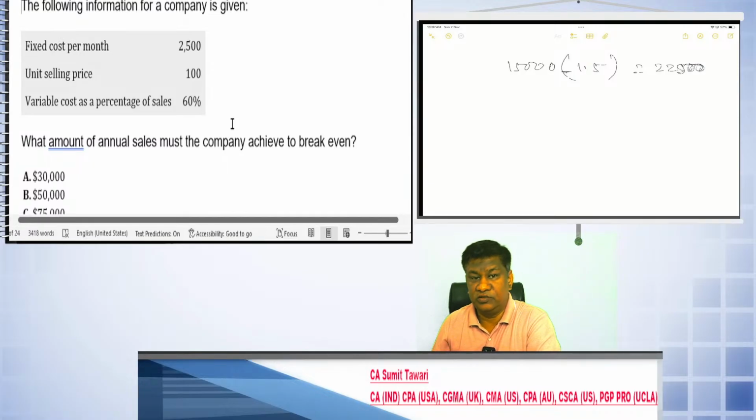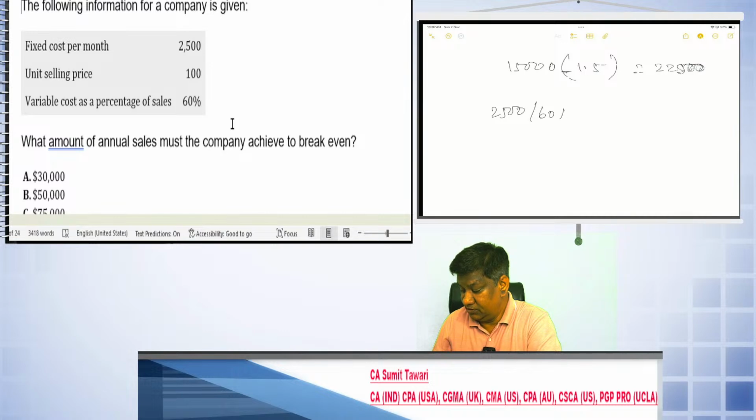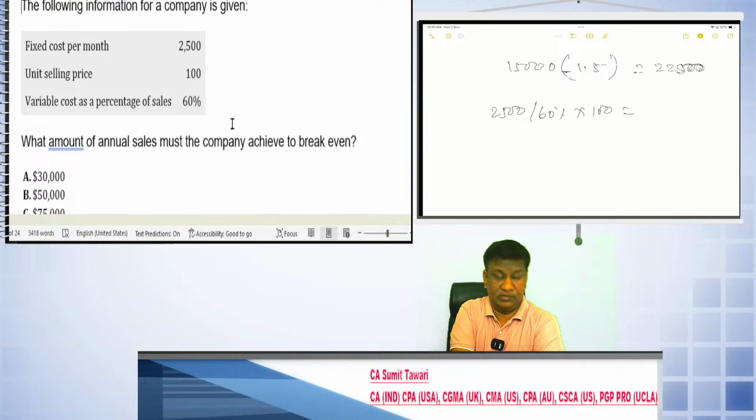Like it is 2,500 divided by 60% multiplied by 100. So what did you get? $2,500.